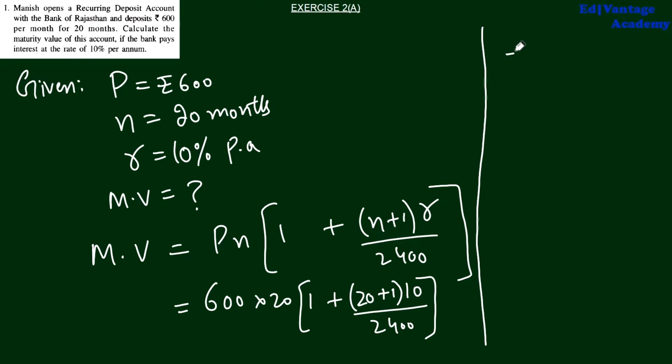So this becomes 600 into 20 is 12000 into, in the bracket, 1 plus this.